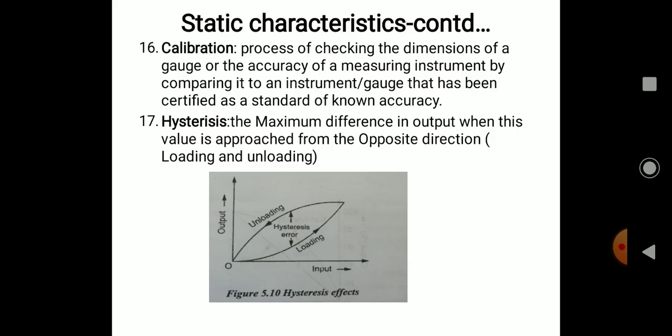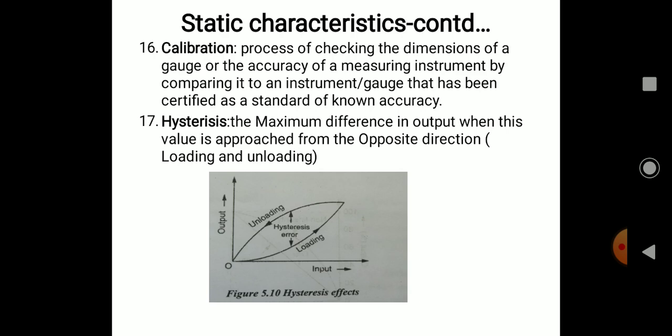You can take the same case for the spring balance also. Loading and unloading, there will be some changes. Suppose you take a digital weighing scale, if you take 1 kg, 2 kg, 3 kg, 4 kg, 5 kg, after you reach 10, then you reduce the weights by 1, that is unloading. You can take the readings, the loading and unloading readings will not be the same. So there will be an error.